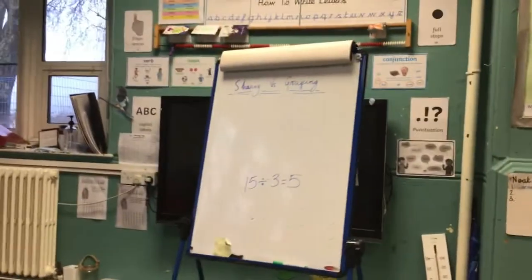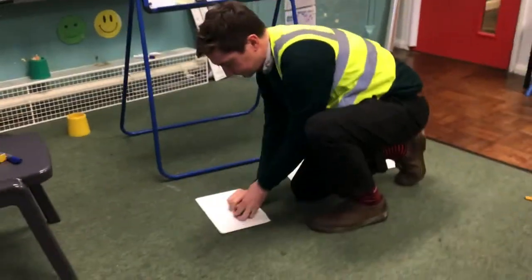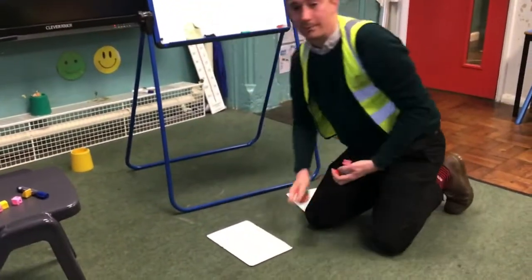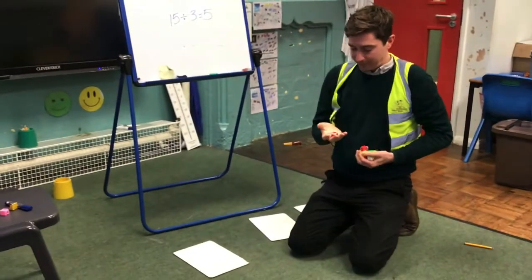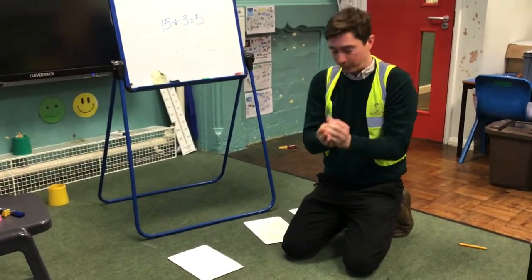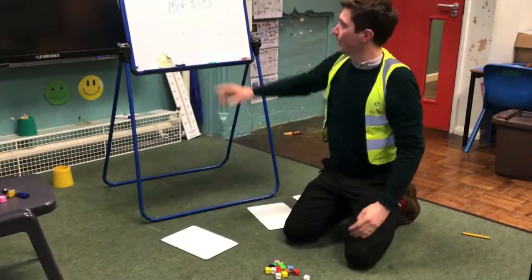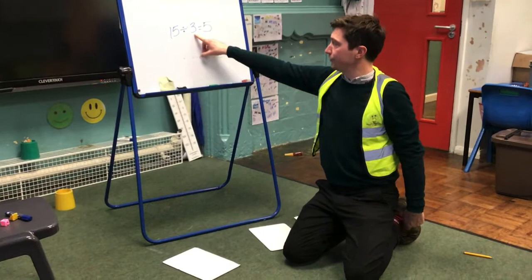Now, I'm going to show you that I think grouping is the best. Team grouping. If you are doing grouping, then it's very similar to what we practiced the week before. The best way to do it, just like Miss Ali said, is find 15 cubes or 15 toys. I know I've got 15 there because Miss Ali kindly counted them for me. So now I need to put them into 3.